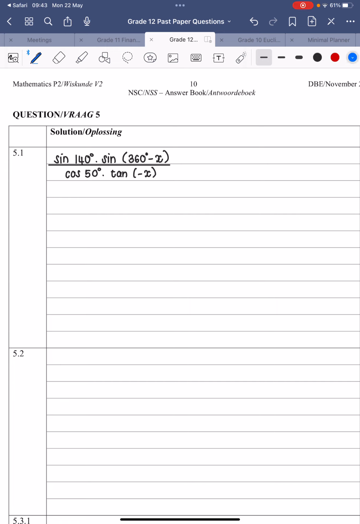Now guys, this is a 6-mark question. They always ask a question like this in finals. And I know obviously you're not going to be writing finals now, but you do need to be able to do these questions for these exams as well.